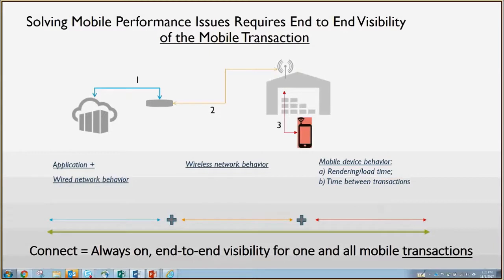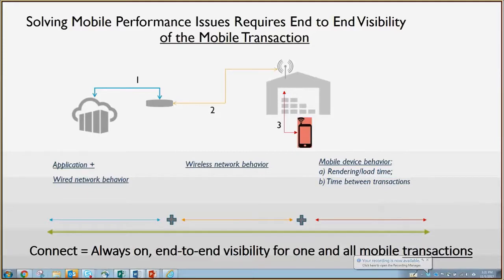Okay, so by mobile transaction, you mean that round-trip path that the data takes from the time a mobile user scans and hits the enter key to the time they get a response back from the application telling them what to do next, right? Right. They need visibility into the path that the data travels and how long it takes on each of the paths, 1, 2, and 3.